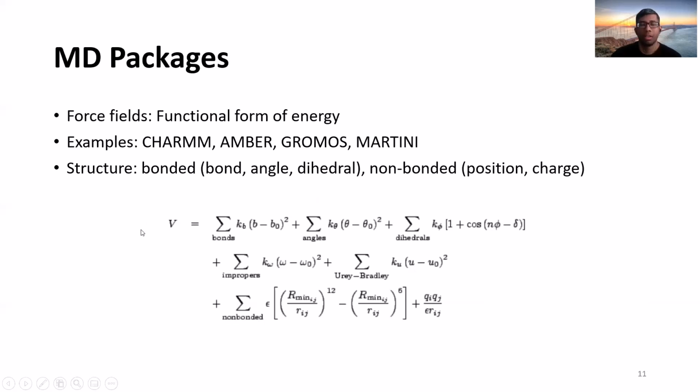So in a combinatory way, you can express the functional form of energy, where you can describe the bonds, angles, dihedrals, and all the non-bonded interactions. Sometimes they come empirically, sometimes they can be developed by machine learning algorithms. And sometimes you make some tweaks according to your need for your specific protein system or material system.